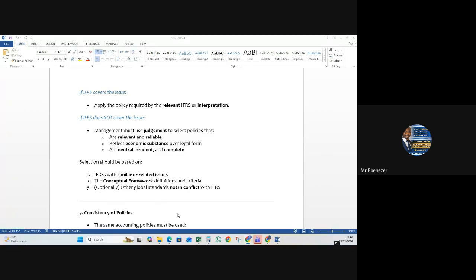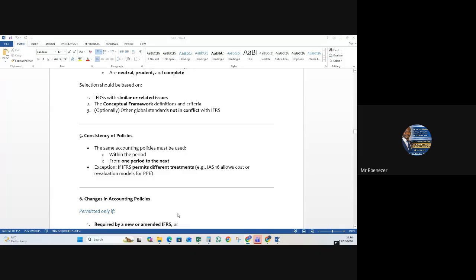Now, we have the consistency of policies. When you are using any accounting policy, ensure you are consistent with the policy. You can't use a policy this year and another year use a different policy. No. For comparability purposes, for consistency, you have to use the same accounting policy.